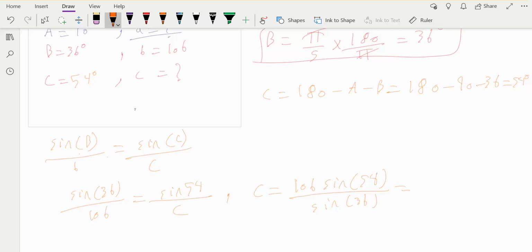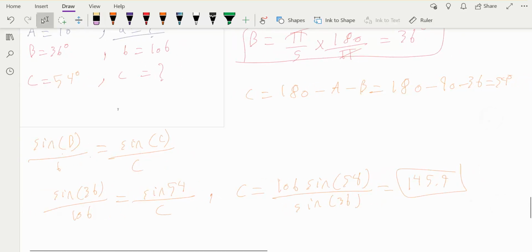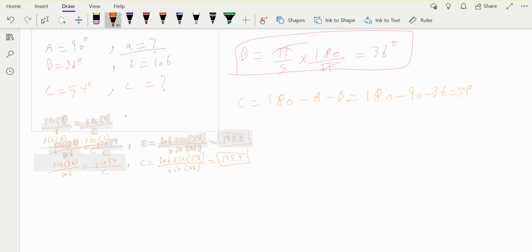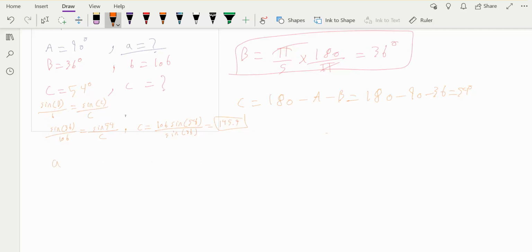Okay, alright, so since this is a right triangle, you can just use the Pythagorean theorem to find side A, or we can use the law of sines or the law of cosines. I would just prefer using the Pythagorean theorem. So let's do that. So we know that A would equal the square root of B squared plus C squared. So A would equal the square root of 106 squared plus 145.9 squared.